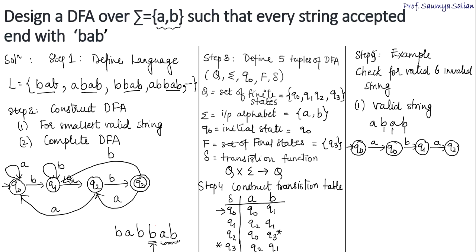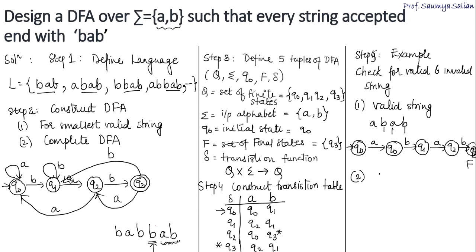Next input B. Q2 on B goes to Q3, which is the final state. Right? So at the end of the transition for input B, we are reaching the final state. That is, this is a valid string which is accepted by our DFA machine.